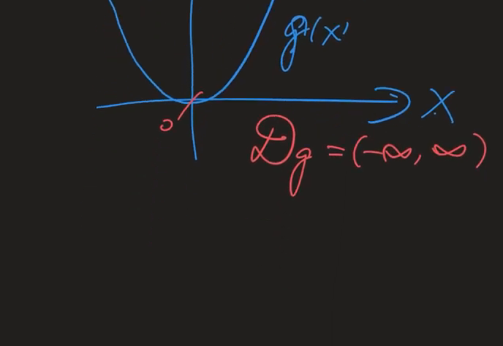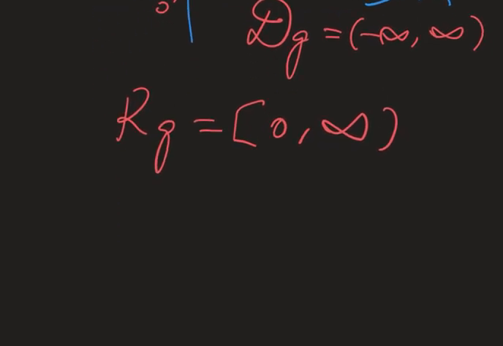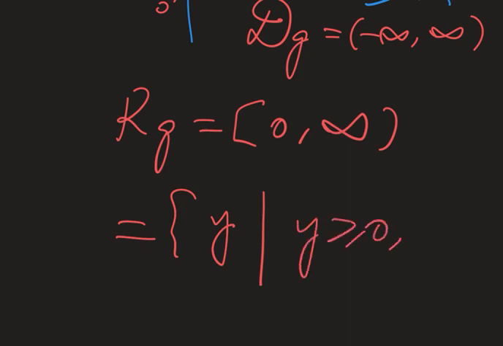But the range of g, you look at this, never goes below 0. So it can be from 0 inclusive to positive infinity. Okay, so this is the range, or you can denote it as {y : y ≥ 0, y ∈ ℝ}.